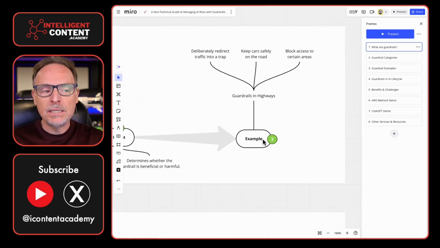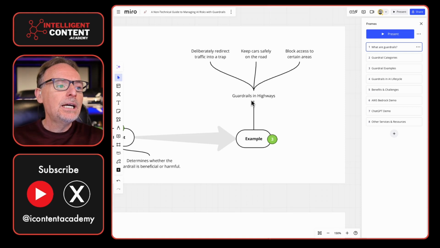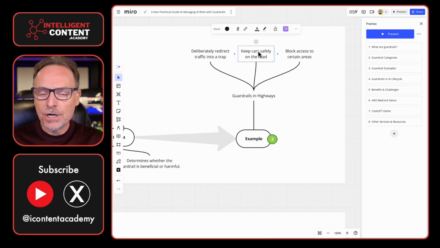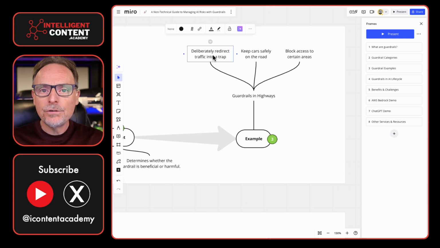I'll give you an example of that, and this is an example of guardrails in highways. We all drive, and we go through highways, and you can have a guardrail that blocks access to areas, right? You can have guardrails that keep the cars safely on the road, and then you can have guardrails that are harmful. For example, they redirect traffic into some sort of trap or off the cliff, whatever.